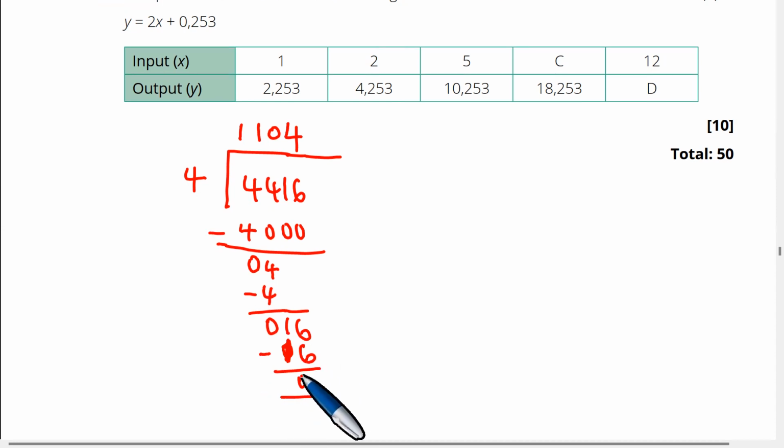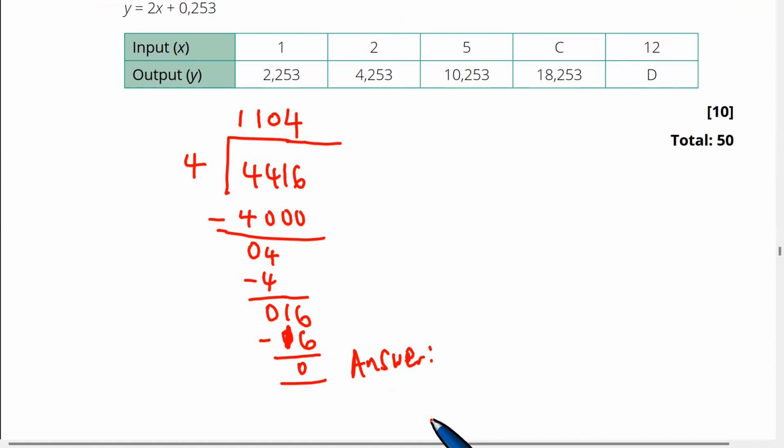So this observation, it's enough to say the answer. What is the answer? So the answer becomes 1, 1, 0, 4.